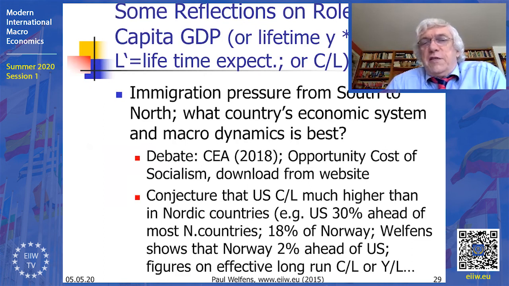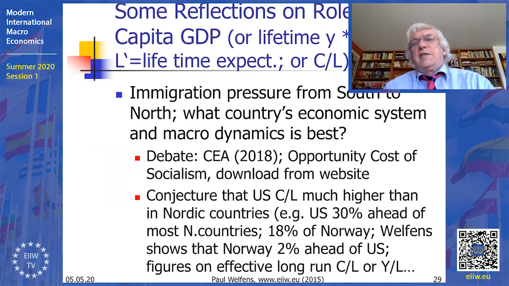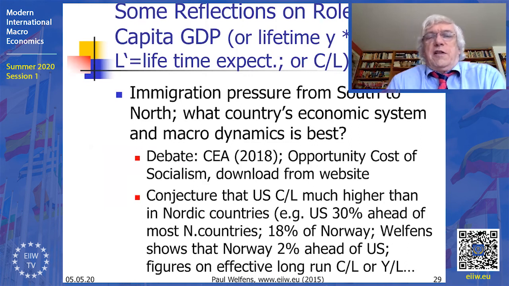You can download the study from the website of the CEA. Okay, there is, let's say, a broader debate. We have immigration pressure from south to north. So what country's economic system and macrodynamics is best? And the Council of Economic Advisors suggests that's, of course, the United States.